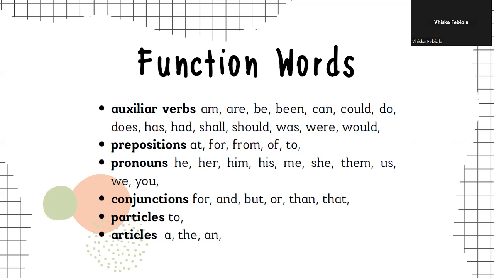The third one is the pronouns such as he, her, him, his, me, she, them, us, we, and you. And then we have the conjunctions such as for, and, but, or, then, and that. The next one is particles such as to. And the last one is the articles, like the, a, and an.